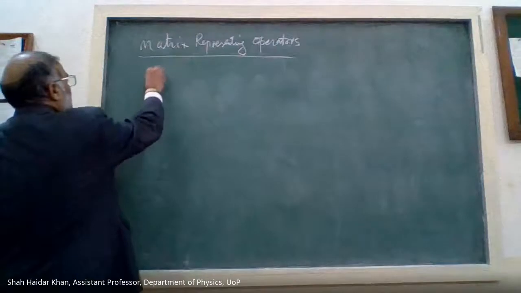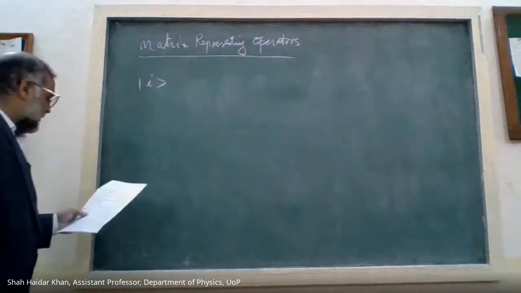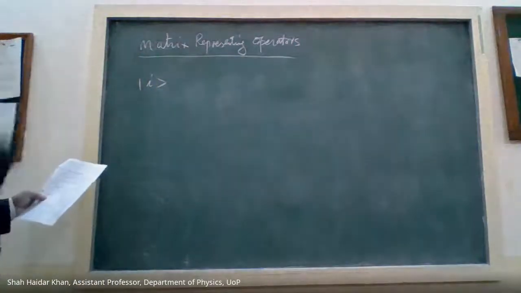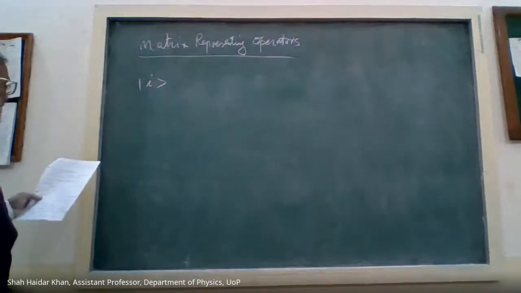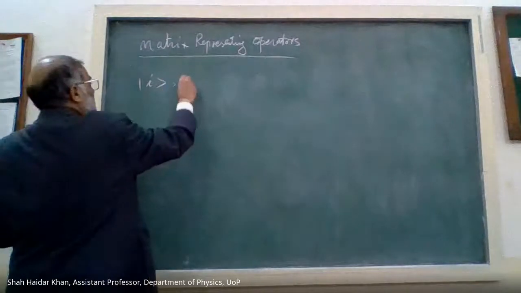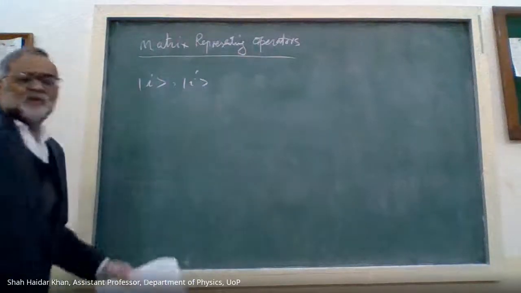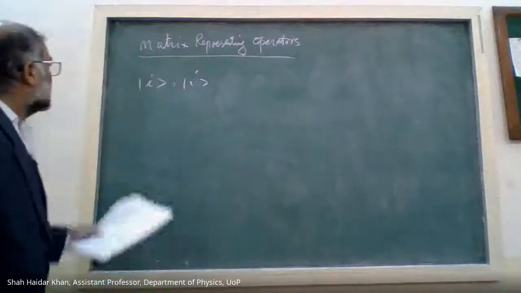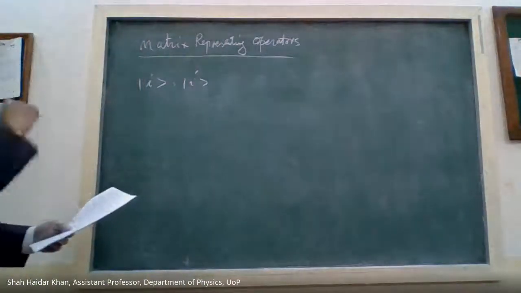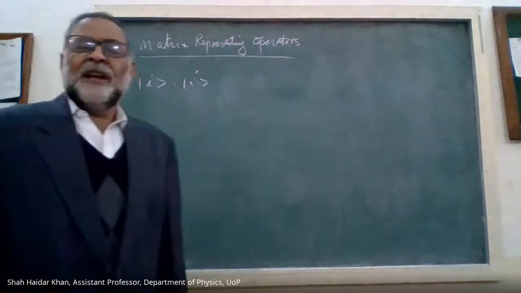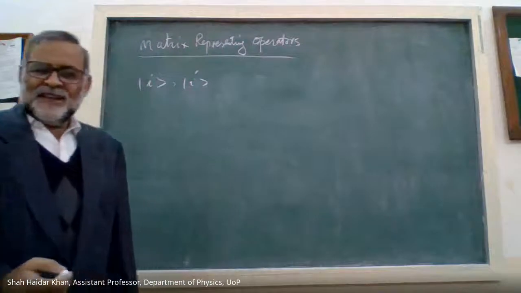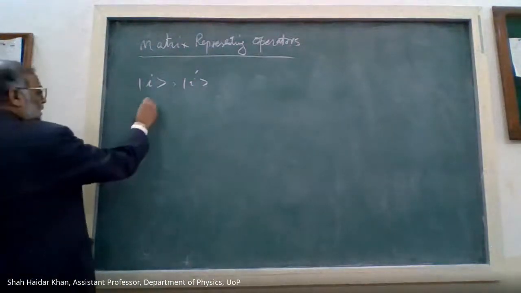Suppose we have i prime, and we have some i, two different basis vectors, i and i prime. Suppose we apply an operator to i and change it.